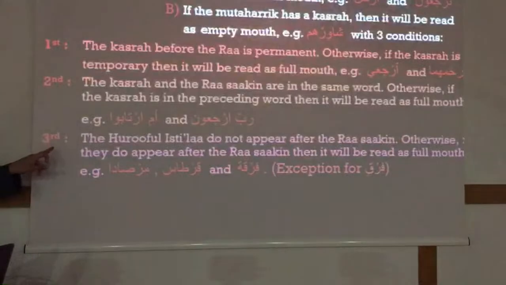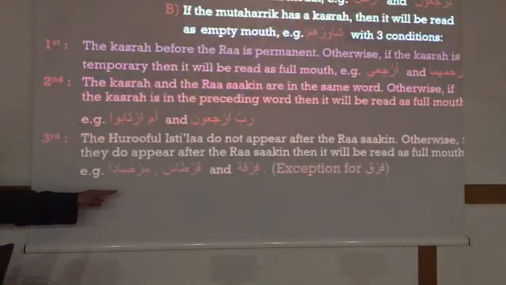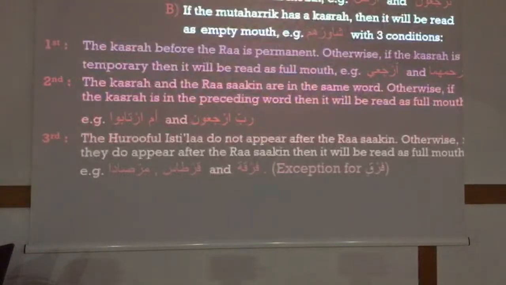So now because this condition isn't met, remember all three conditions need to be met. If any one of them is missing, then the ra sakin will be read full mouth. So when you look at this example, we have mir, but then there's a sad after it. So we're not going to say mir anymore, we're going to say mir, sad.